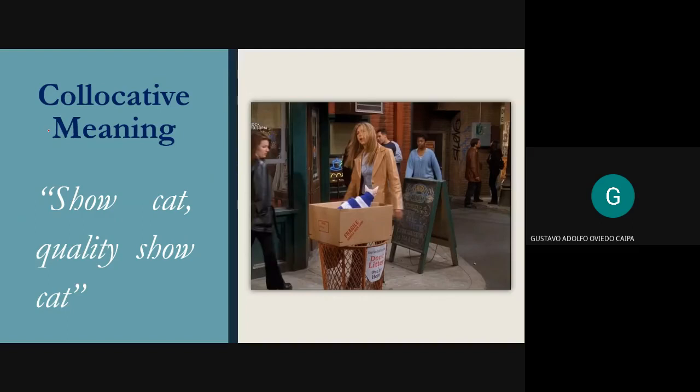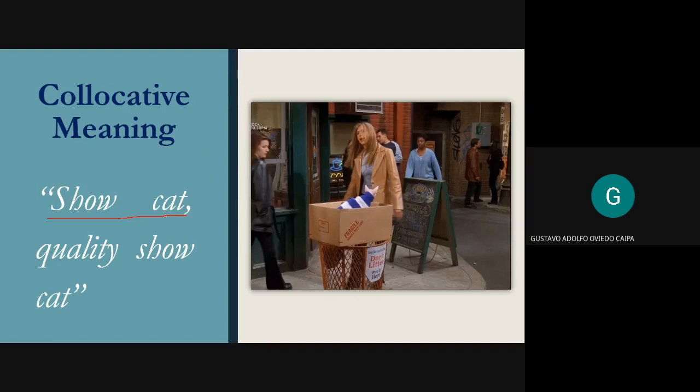All right, collocative meaning. If you remember, collocative meaning has to do with the acquired meaning that a word has when it is in the context of another word. In this case, I am going to analyze show cat.